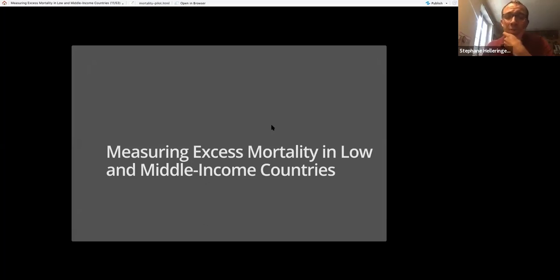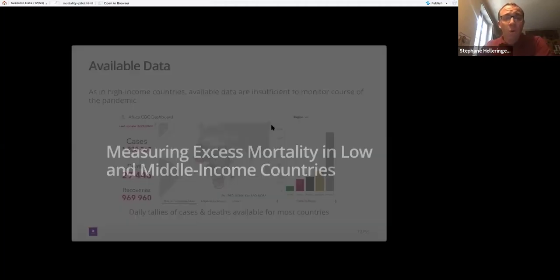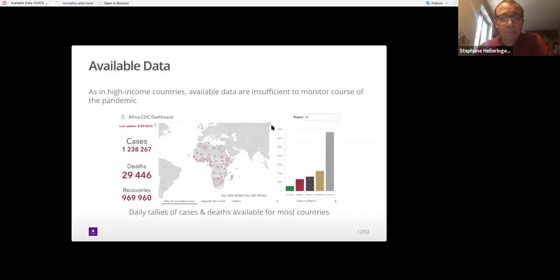But what about low and middle-income countries? How do we assess the path of the pandemic in those countries? Well, the data that are available are relatively similar to what's reported on a daily basis in high-income countries.